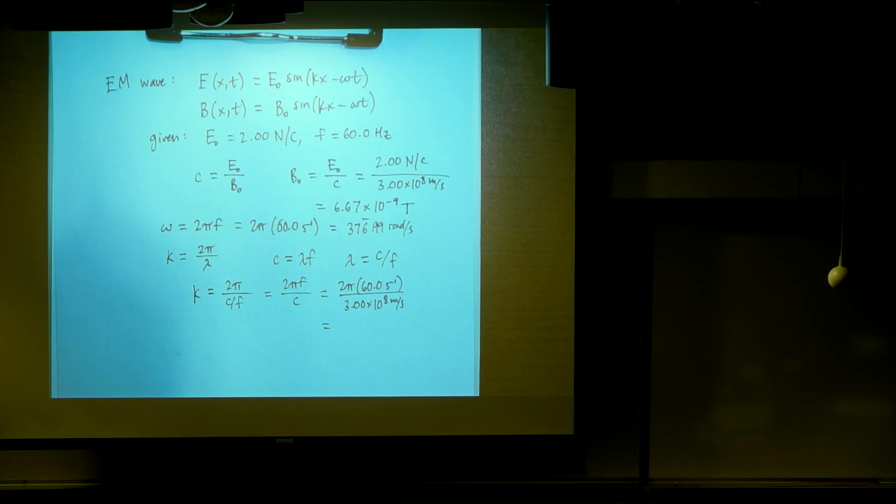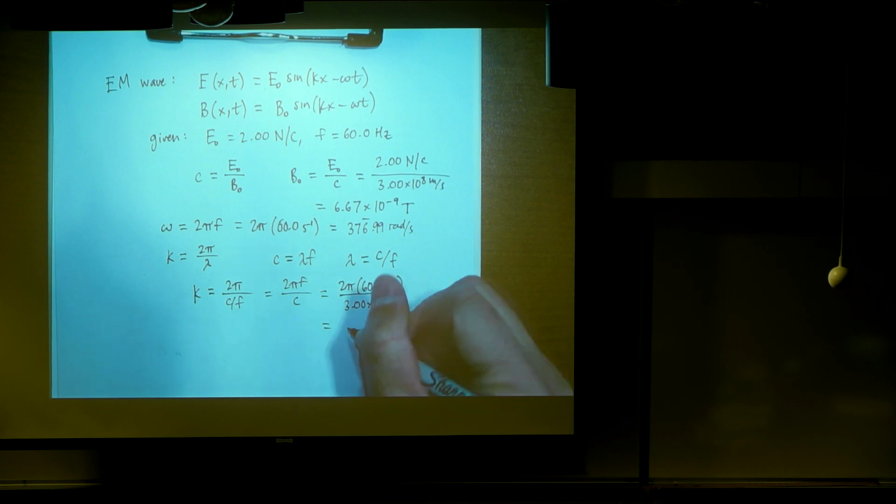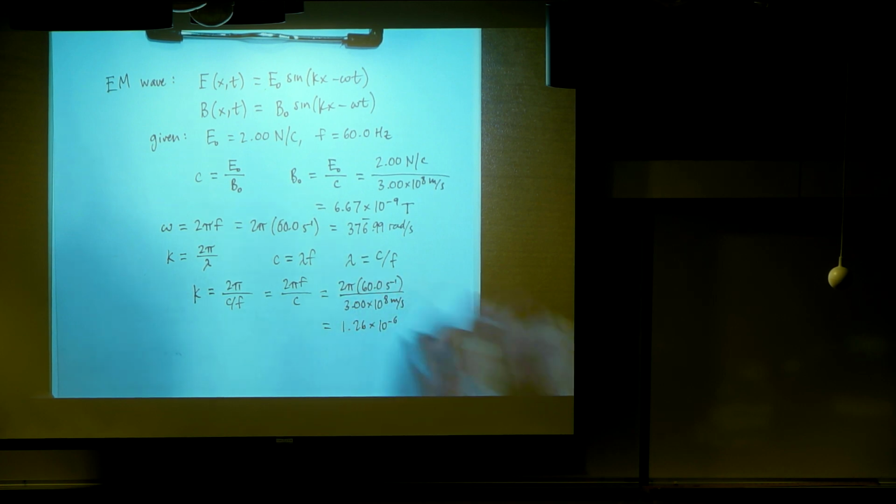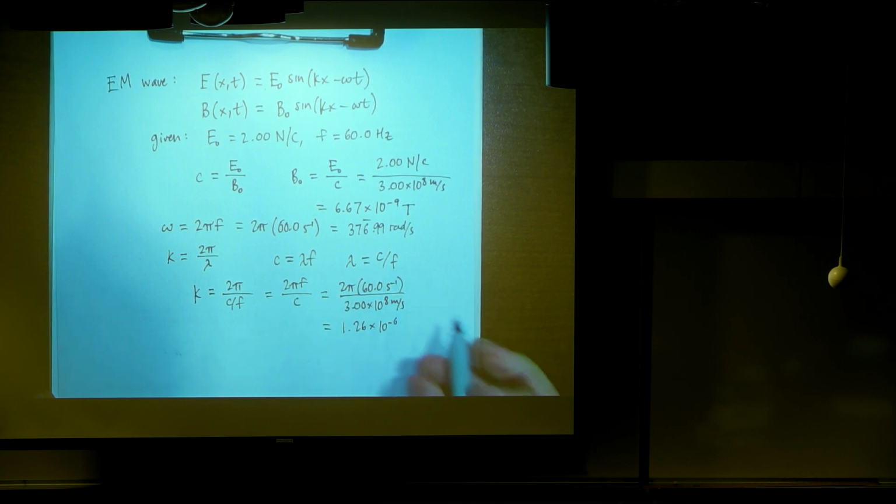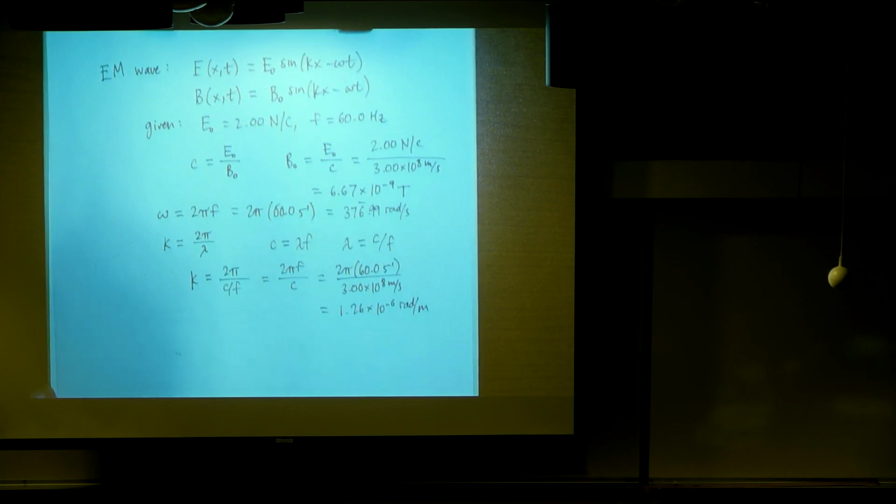What do we get for this? 1.26 times 10 to the negative 6? Yeah, it's like 1.26 times 10 to the minus 6. Units here, so seconds cancel. This is in units of radians per meter. That 2 pi factor introduces radians.